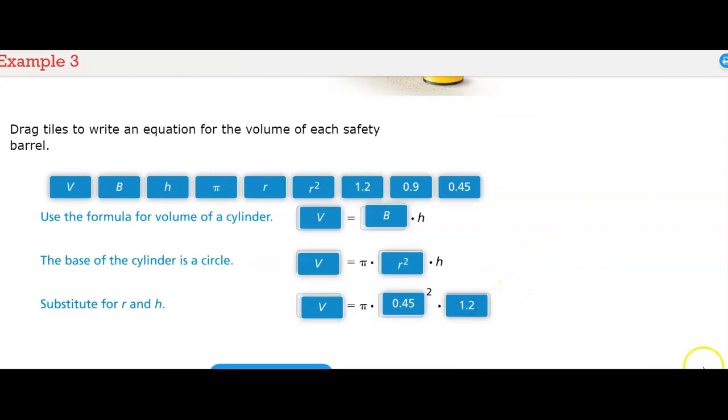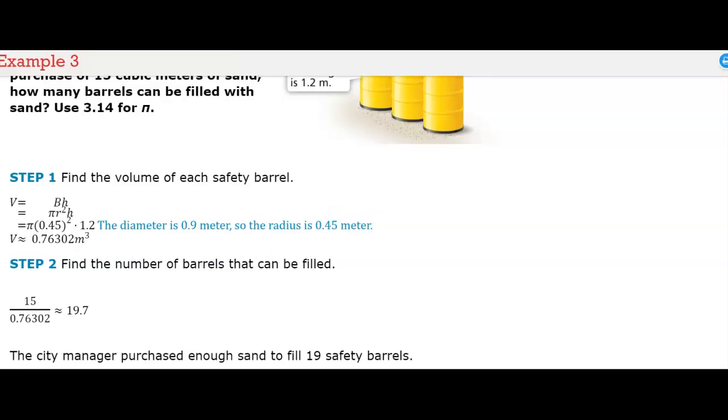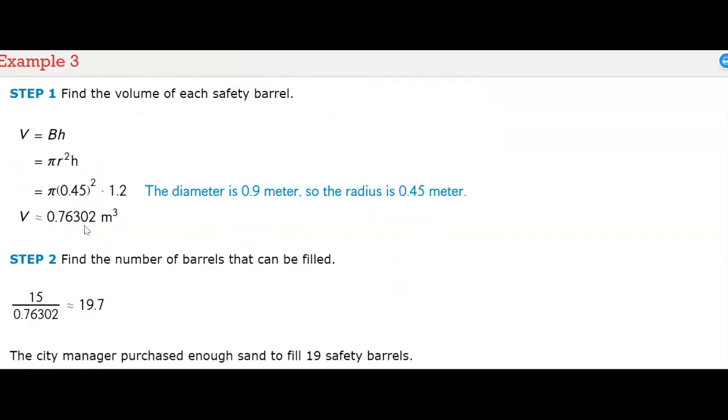And there we go. So here it is again, what we put in the tiles, and then they actually solved it. And so the volume is that very long decimal, meters cubed. Now that we're dealing with volume, it's cubed instead of squared.